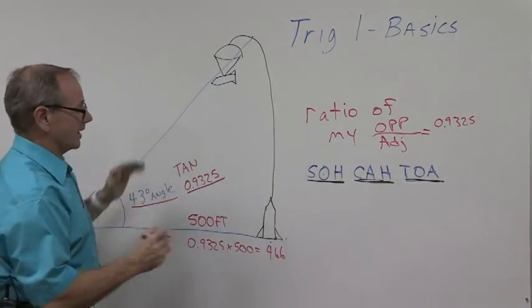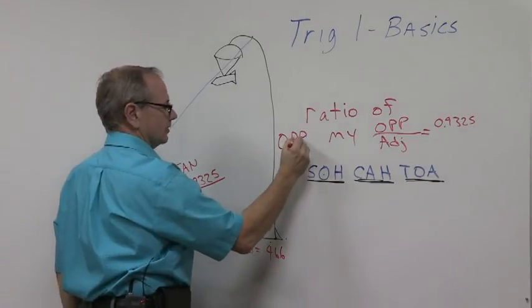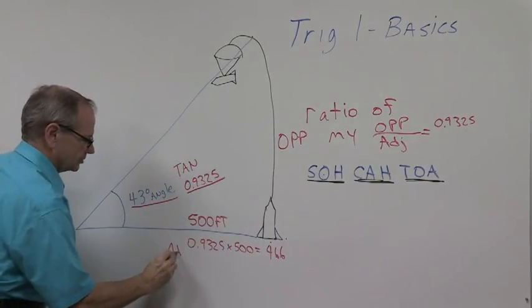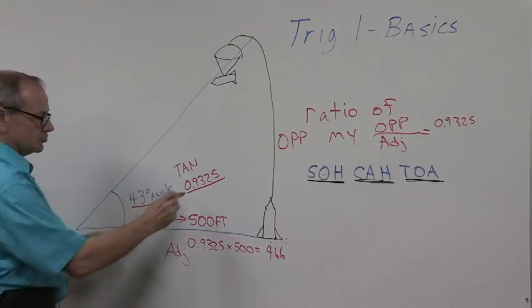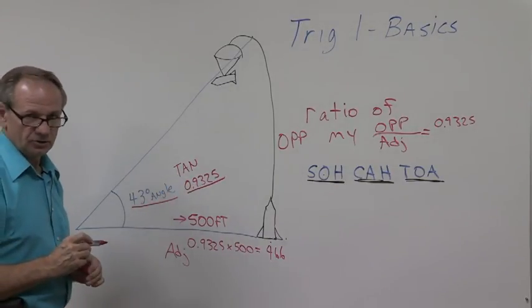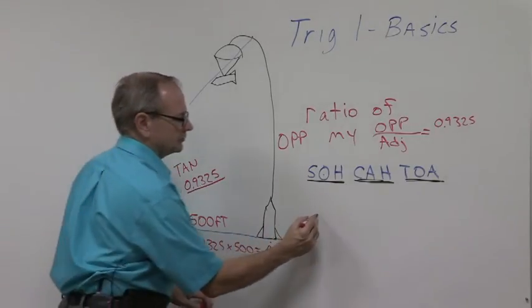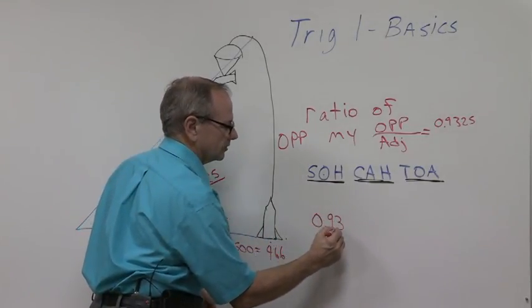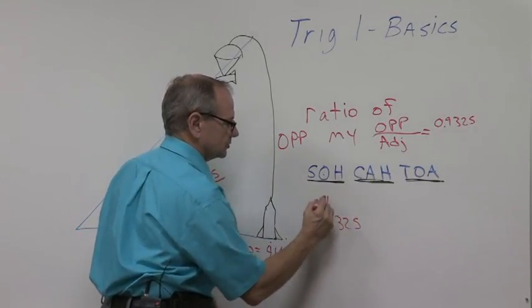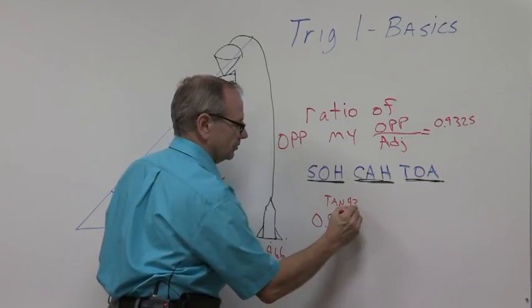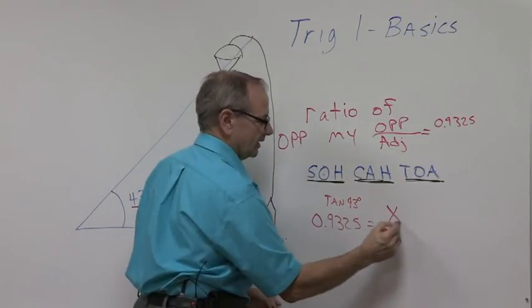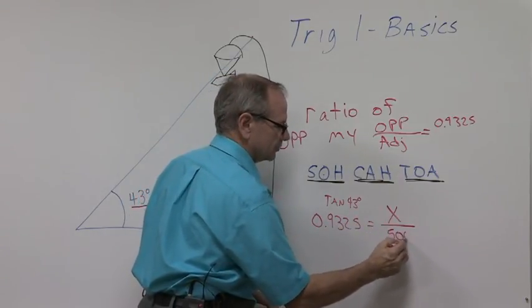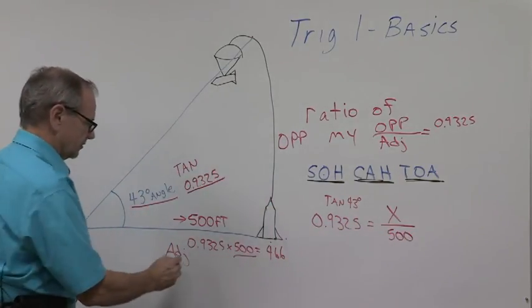So when I look at this, this is the opposite on my triangle. This is my adjacent. My adjacent is 500 feet. So the tangent was 0.9325. So I would say 0.9325, which is tangent 43 degrees, is equal to opposite, which is my x, over my adjacent, which was the 500 feet, right here.